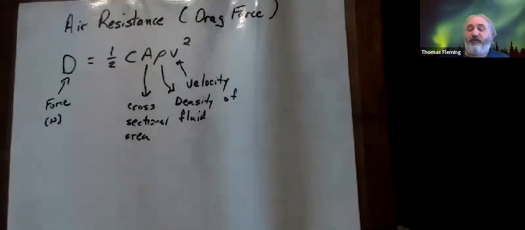That's what a cross-section is. You slice it and you look at the silhouette that it leaves behind. And that's a way to think about it here. The cross-sectional area is the area that the air sees as you move through it.